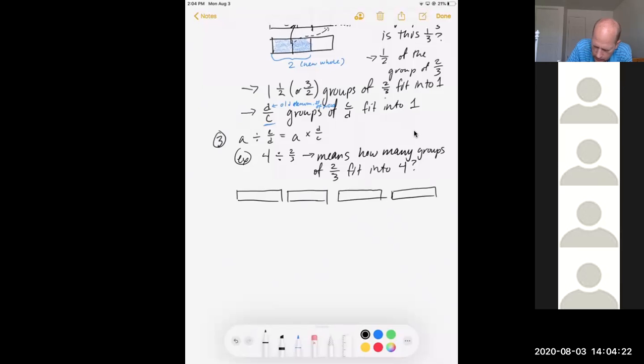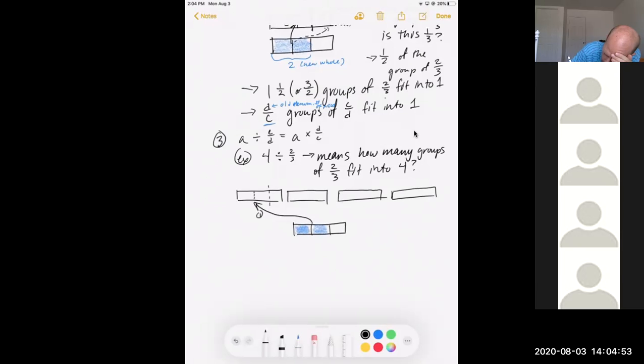Here's my reference bar. So the big line will be at the end of the group here.